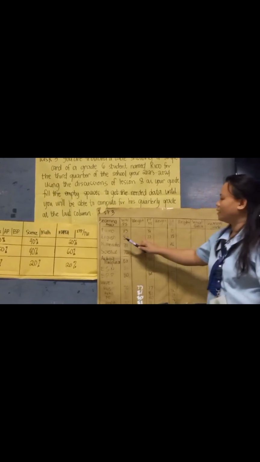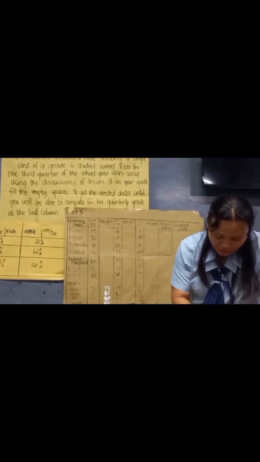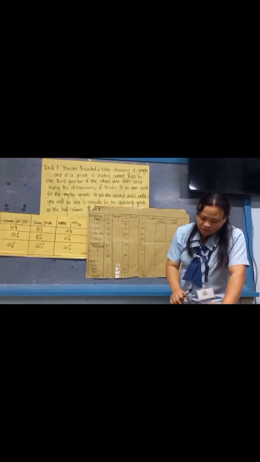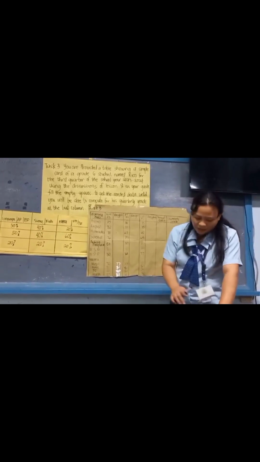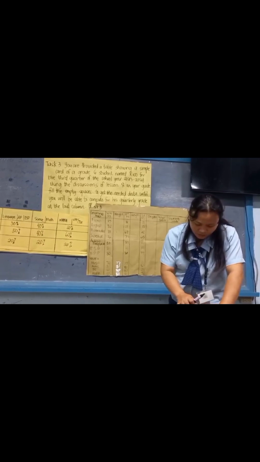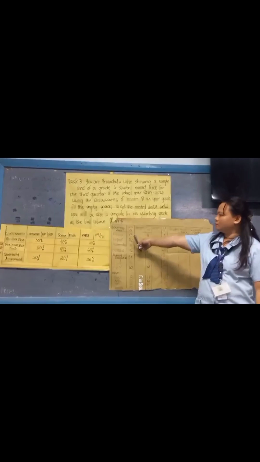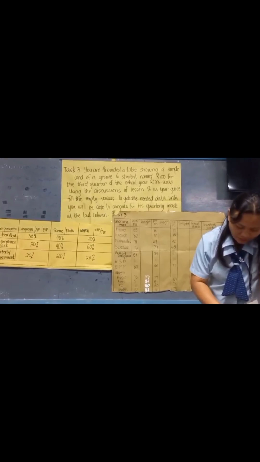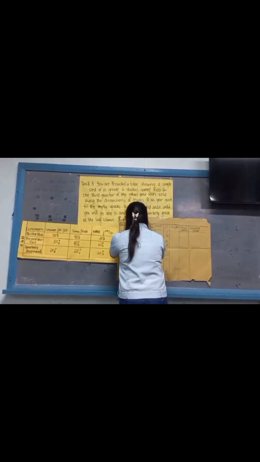We're going to multiply 85 by 30%. So 85 times 0.30 is equal to 25.5.